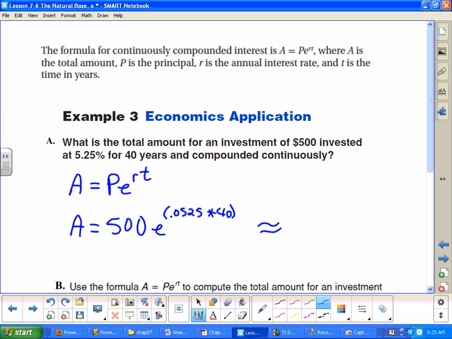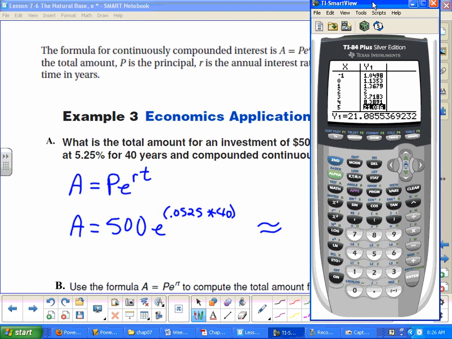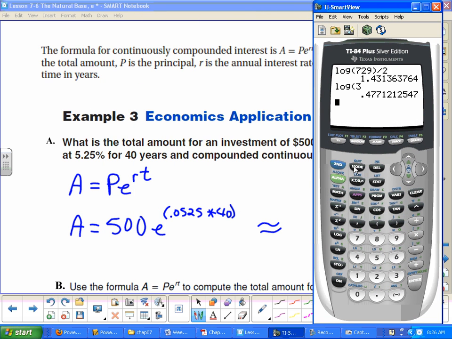And we can just put that right into our calculator. So on our home screen, 500, and then e is second natural log, and raised to the power of 0.0525 times 40.